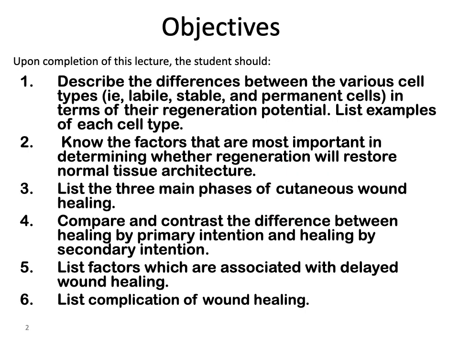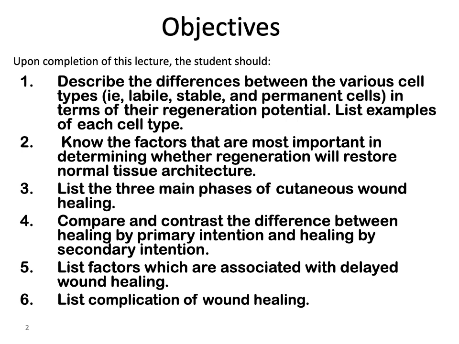So for this lecture, we will be talking about the different stem cell types in relation to their ability to repair and to reconstitute themselves. We will also learn what the requirements are for a tissue to be able to regenerate itself successfully.